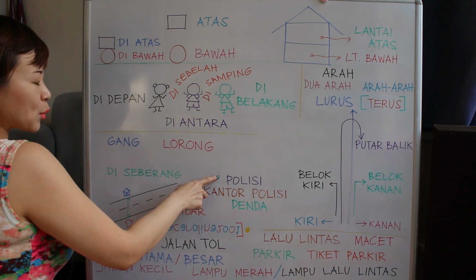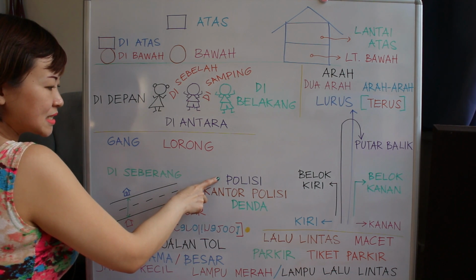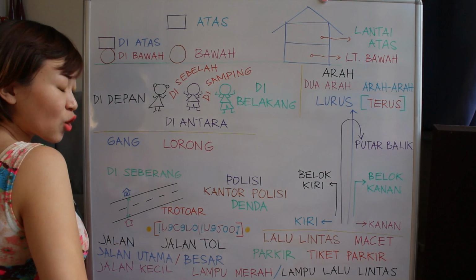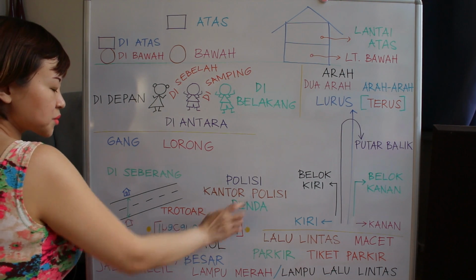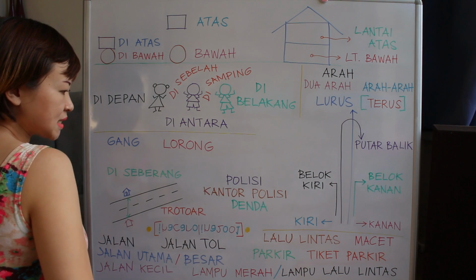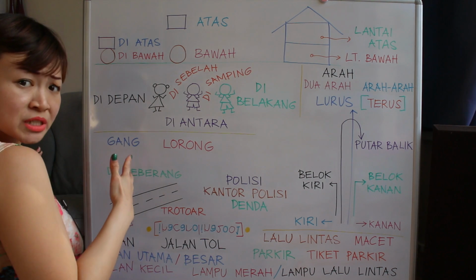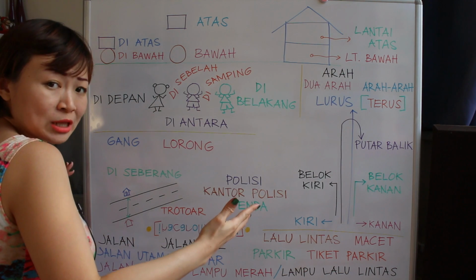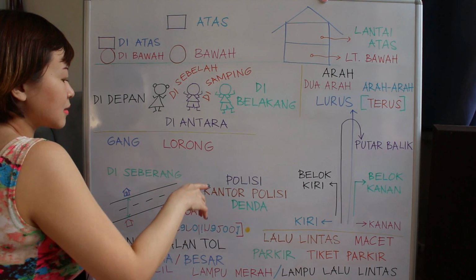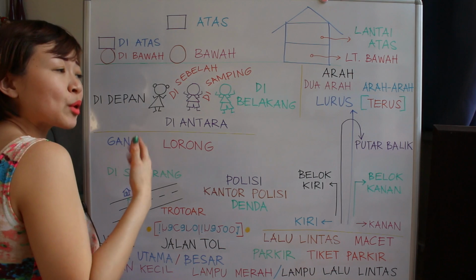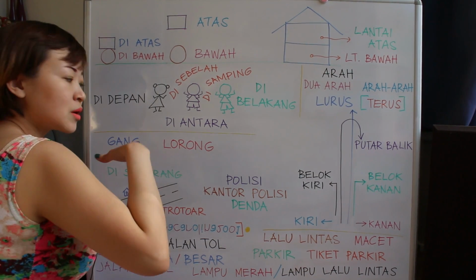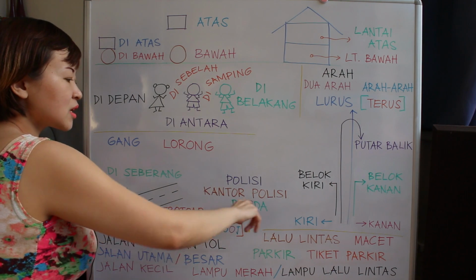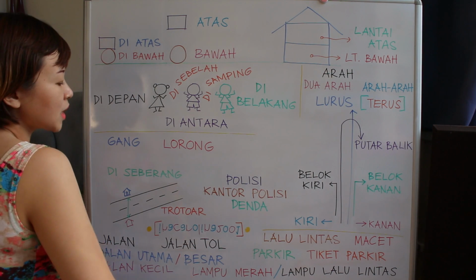Police, polisi. Police office, kantor polisi. So the office first and then the police. Even though we want to say police office, in Indonesian you say the office first and then you say the police.